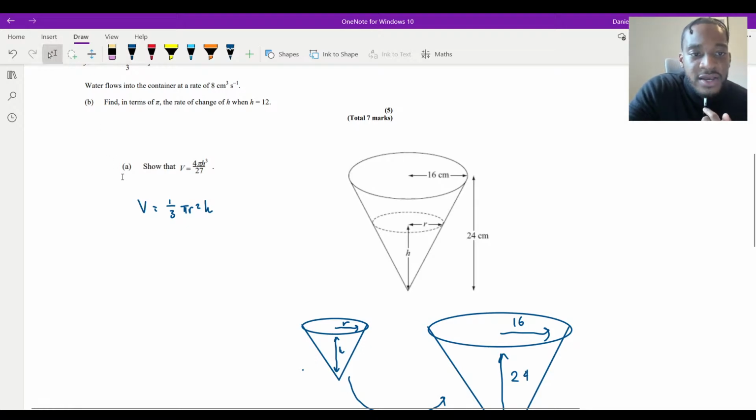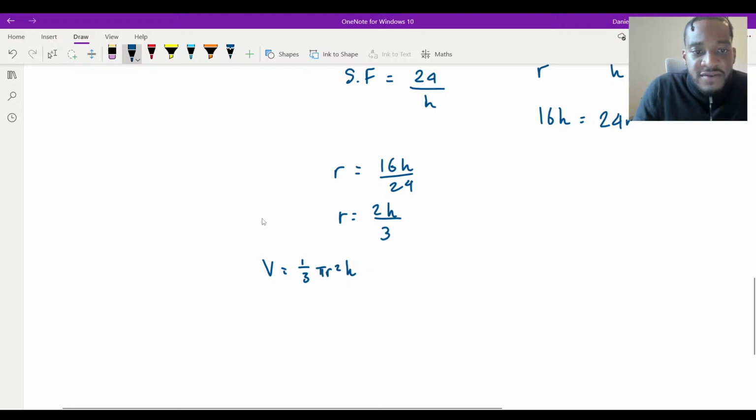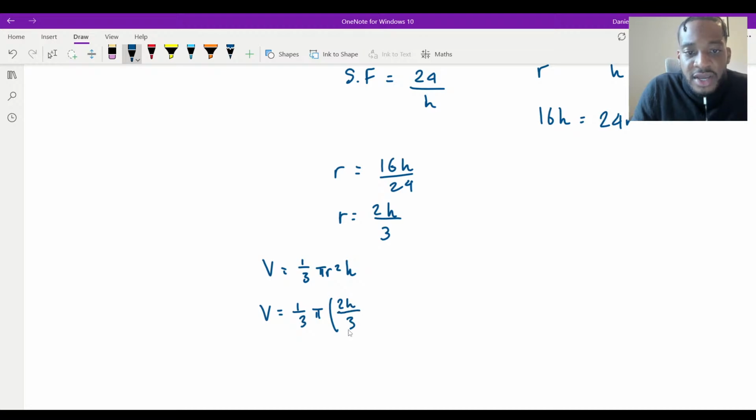Hopefully when we do that, it will give us the show that we want. So I'm going to put this here, and I know that r is equal to that. If I put that in there, then v is equal to 1 over 3 pi, and then 2h over 3 squared, and then h here.